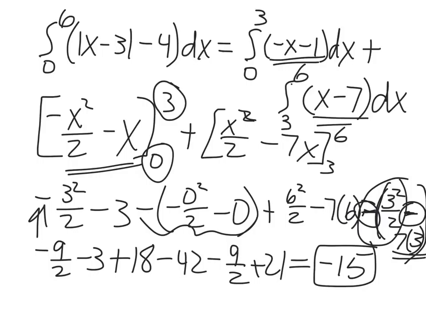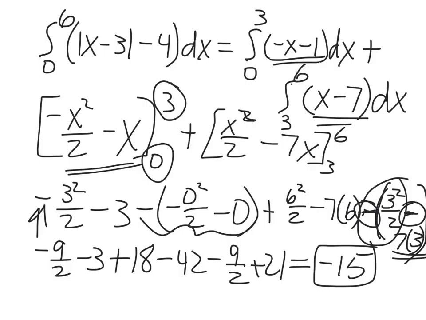Now, as we were developing the definite integral, we were illustrating it in terms of area under a curve, and we always ended up with a positive value. Area represents a positive value.